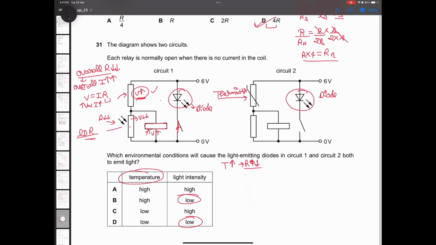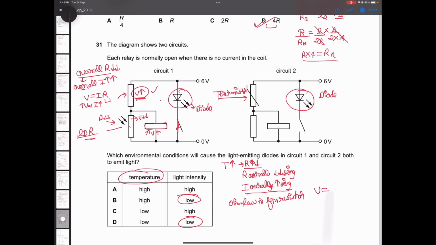So if the resistance is decreasing, we can say resistance overall must also be decreasing. It means current overall must be increasing, right?